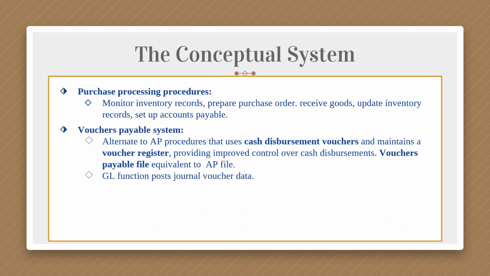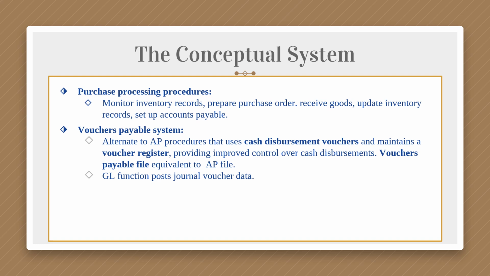Then the vouchers payable system, an alternative to accounts payable procedures, uses cash disbursement vouchers and maintains a voucher register, providing improved control over cash disbursement. This means that when we use the voucher register, we try to ensure that those invoices are related to the right payable that we are supposed to pay to the vendors.